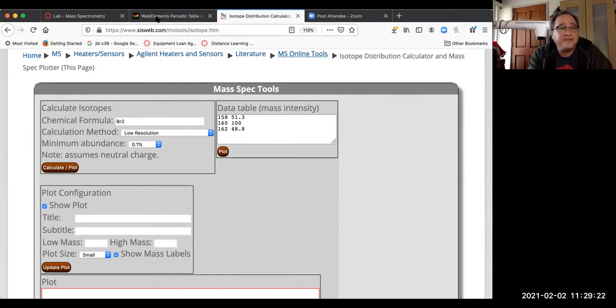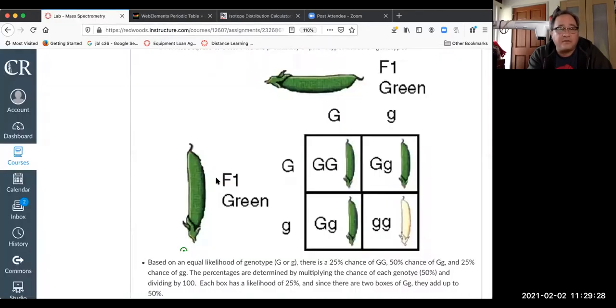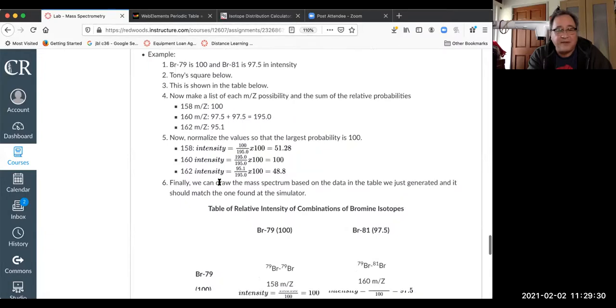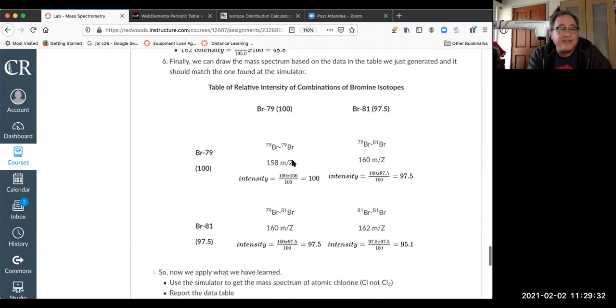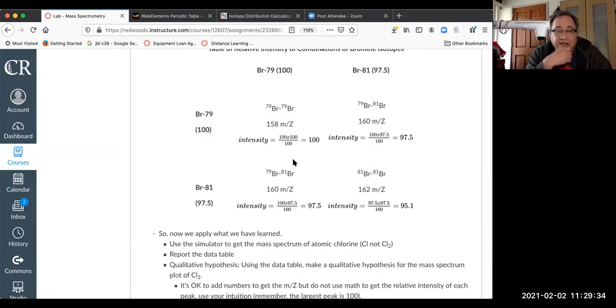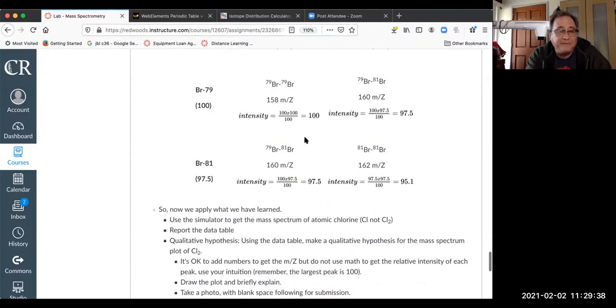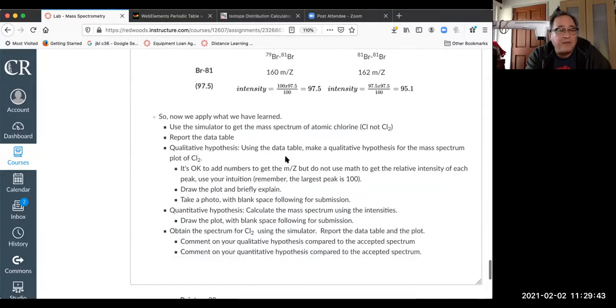Okay. So let's go back to the lab itself. We've gone over this, but I get pretty excited by this. You can see how I calculated the intensities here. I divided each one by 100 instead of just multiplying, and it works out the same. So now we apply what we learned.